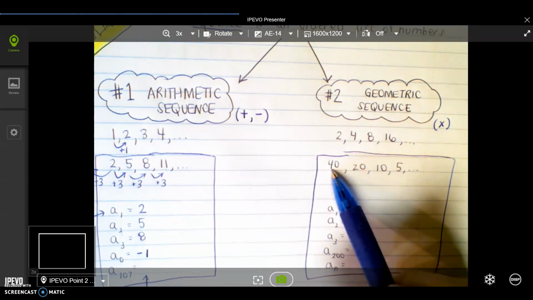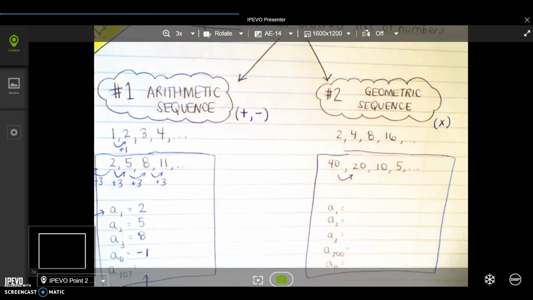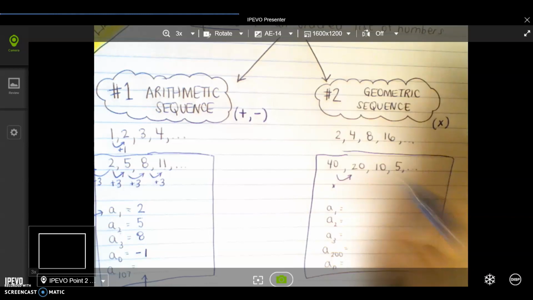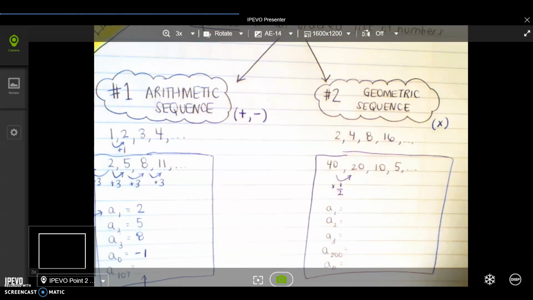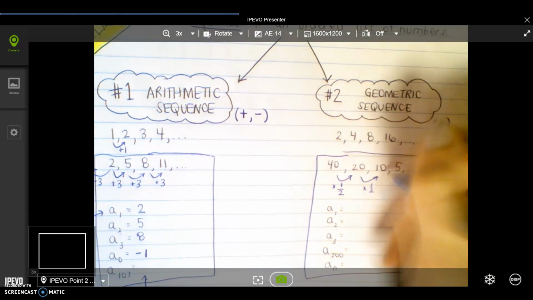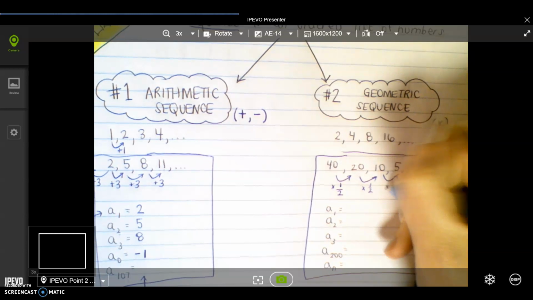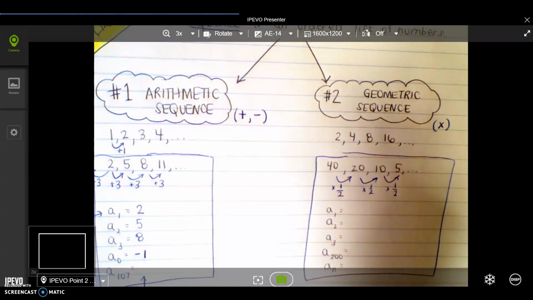Now, a lot of us may be thinking divide by 2, but I have to think of what I'm multiplying by each time. And when I'm multiplying, 40 times 1/2 gets me to 20. 20 times 1/2 gets me to 10. 10 times 1/2 gets me to 5. So there will be a lot of fractions, especially with geometric sequences this unit.